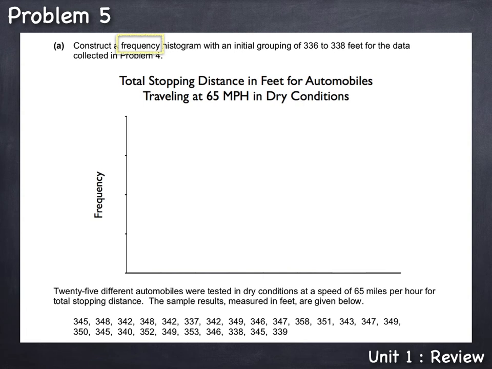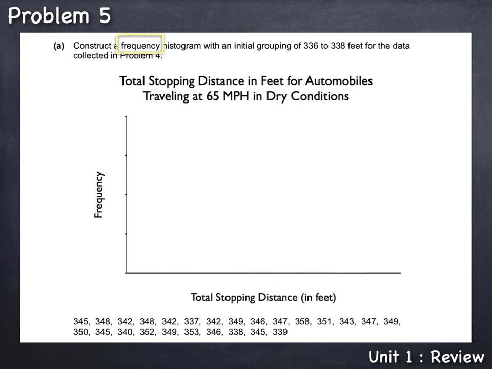The horizontal axis is where we label the data. And since the data is the total stopping distance measured in feet, we label the horizontal axis total stopping distance measured in feet. Now we need to come up with the scale for the data axis. The problem asks us to construct our frequency histogram with an initial, that is the first group, of 336 to 338 feet.